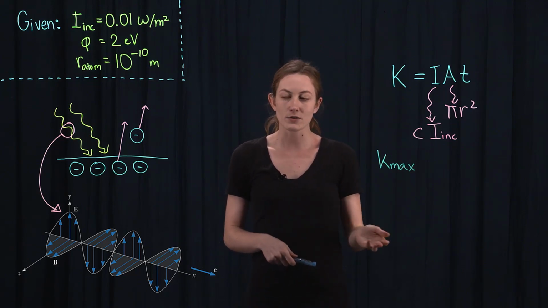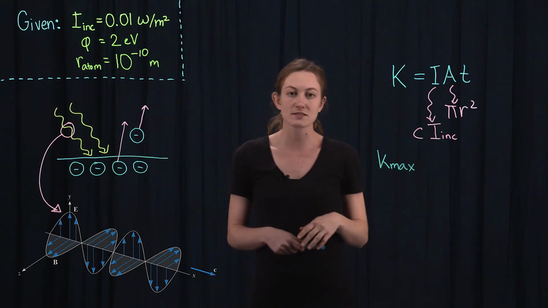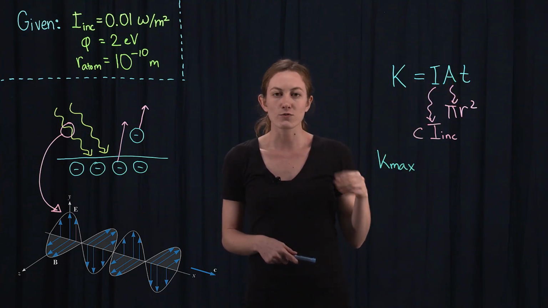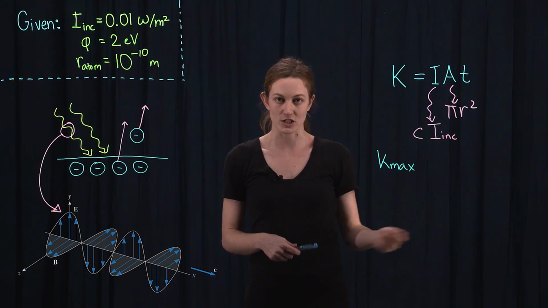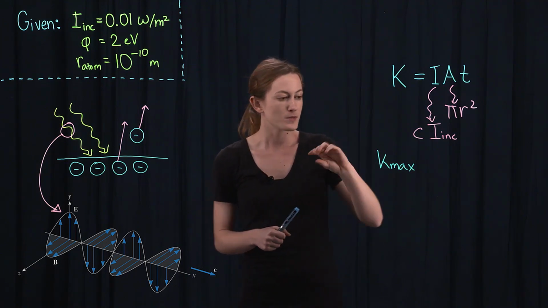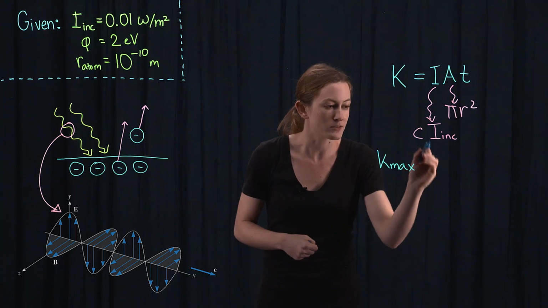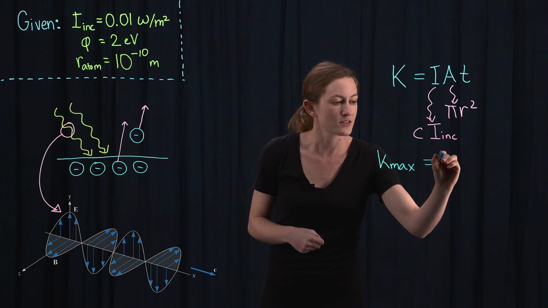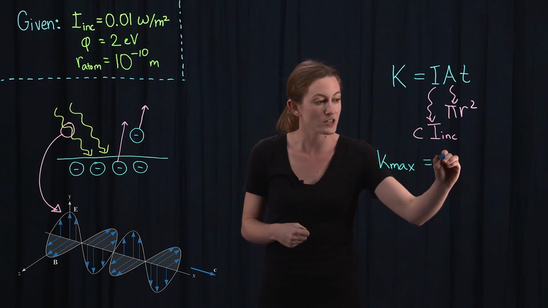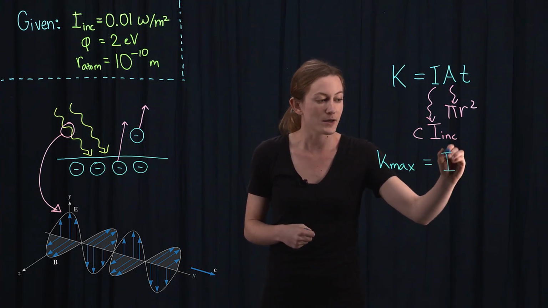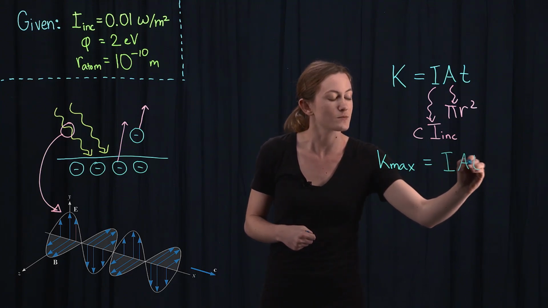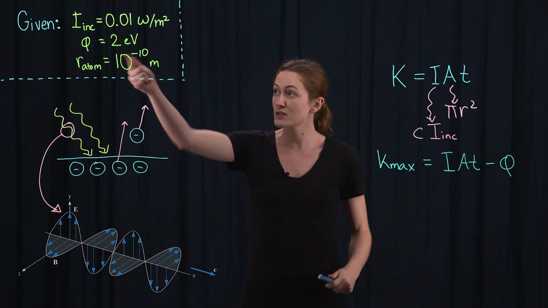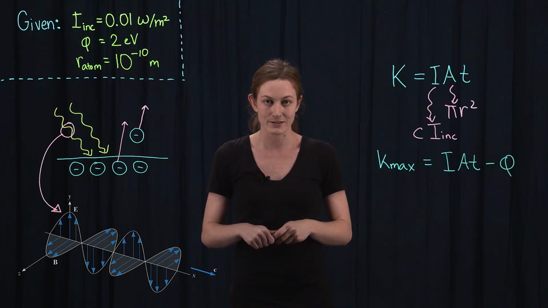So these are the ejected photoelectrons, and they absorbed this energy, but then had to overcome the metal's work function. They had to overcome the minimum energy with which the electron was bound in the metal in order to actually escape. And so since this is what my device will measure, the maximum energy of these ejected electrons is the absorbed energy minus the metal's work function, where we're given the work function in the problem statement also.